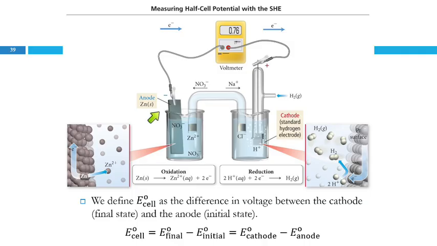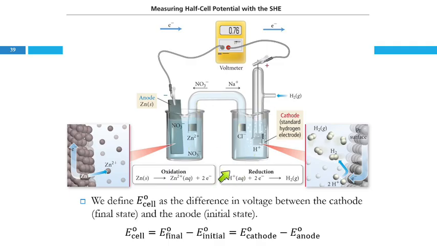So we could hook up a zinc half cell here to a standard hydrogen electrode. So over here with the zinc losing 2 electrons, this is the anode, and this is going to be the cathode. And the electrons are going to flow from the anode to the cathode, and then the charge will continue to flow as the ions move in the salt bridge.